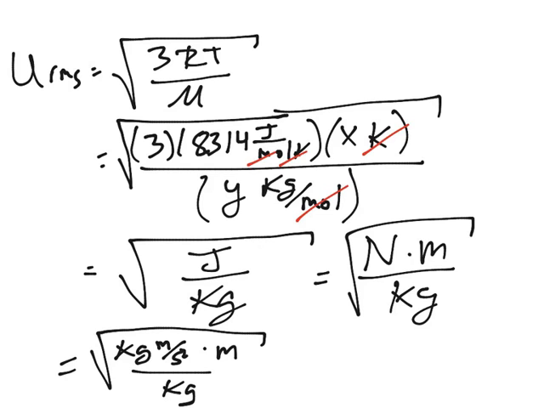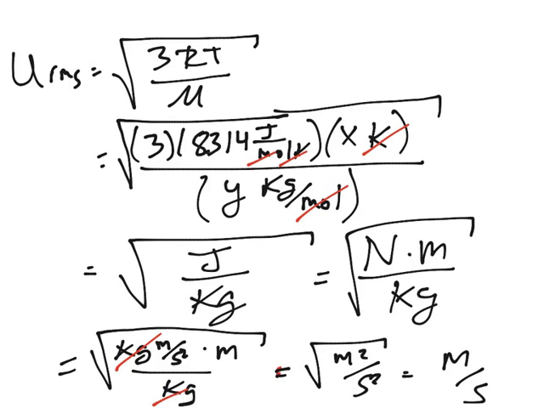So the kilograms will cancel, and we will be left with the square root of meters squared over second squared, which is just meters per second. Those are the units of velocity, right? So that's why we have to use kilograms.